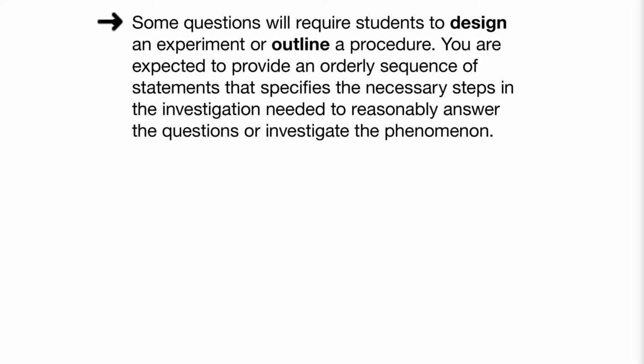Oftentimes, for the different parts of a question, we'll have to think about the materials we might use that could be available in a typical high school physics lab, and what the procedure might be as an experiment to test out a certain hypothesis you're presented with, what you'd have to do to test the hypothesis, that kind of thing. And like I said, these specific design and experiment question types you can see in the past exams. So go to College Board's AP Physics website, look through those past exams, and see what these questions look like and where they're rewarding points.